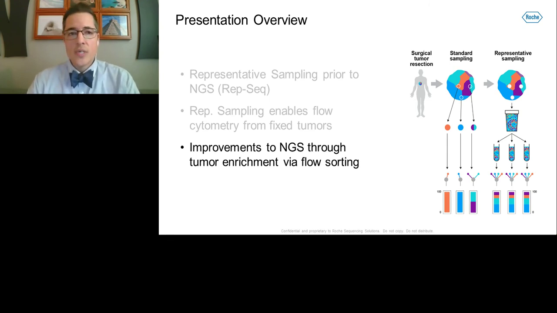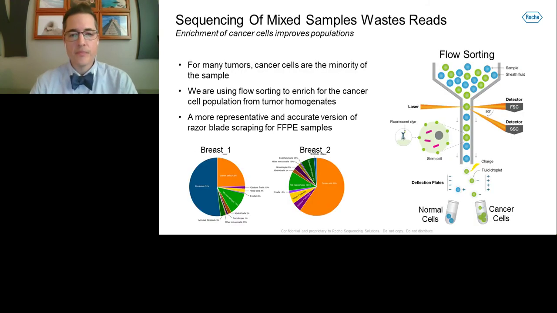What we're interested to do here is enrich for the tumor population using flow sorting, such that we are getting a more pure next generation sequencing library before we sequence these tumors, both saving sequencing reads and frankly saving money. So when we sequence bulk populations, we are spending quite a few sequencing reads on normal cells. And if we're interested in the variants from cancer, frankly, those reads are wasted.